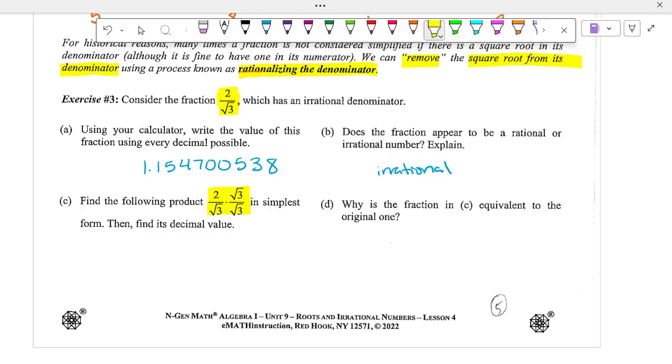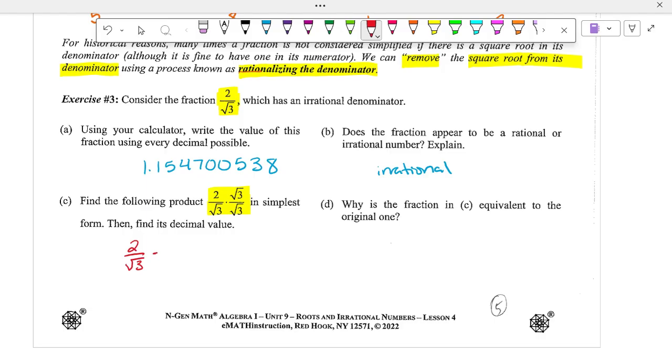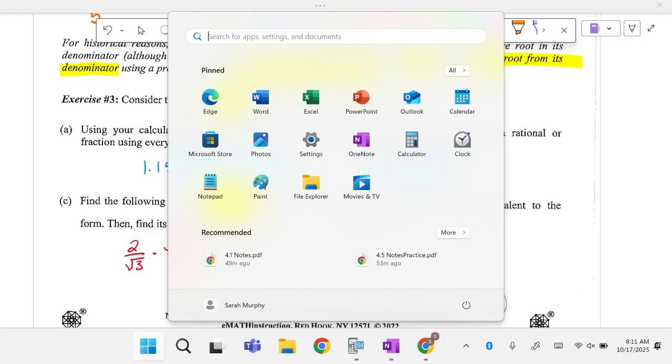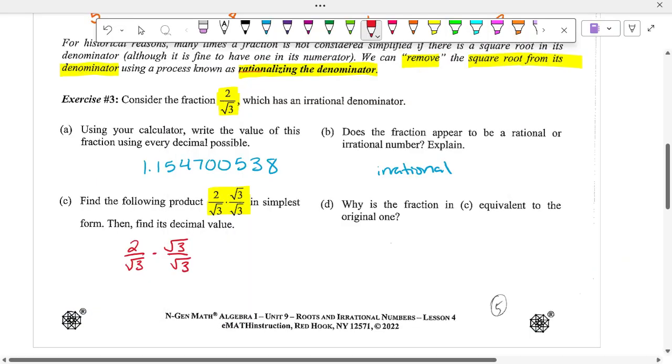All right, so if I do that, what is 2 times the square root of 3? Let's go with Shelby. So 2 times the square root of 3. Not quite. So Shelby, think about it this way.